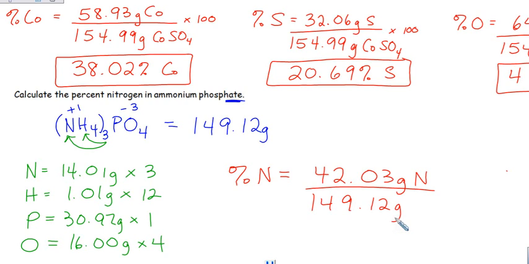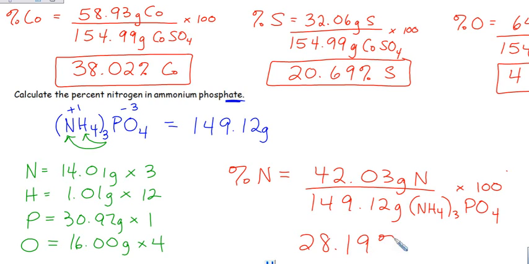Then show me the formula that you used. NH4, there are 3. PO4, ammonium phosphate. We'll multiply by 100 to make it a percent. All right, so maybe like 28.19% nitrogen.